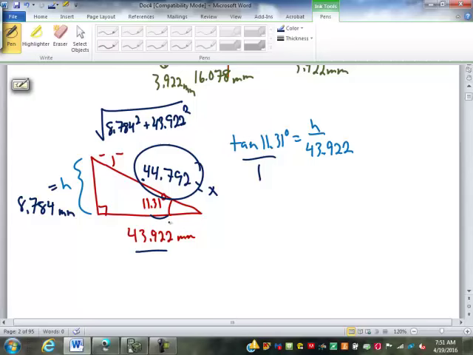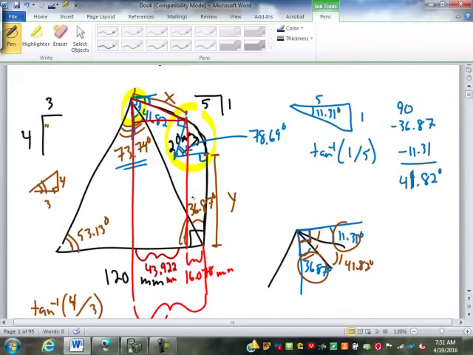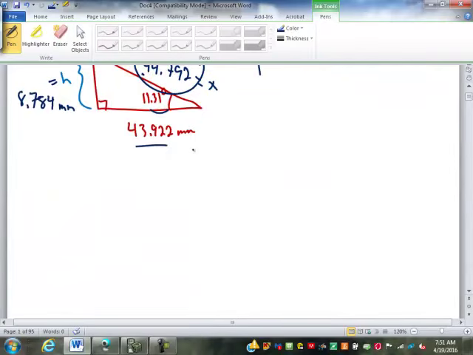Next, find y. Y is actually already found for us. First of all, I can find this overall height here. How? Well, out of the 120, half that would make this 60, right?